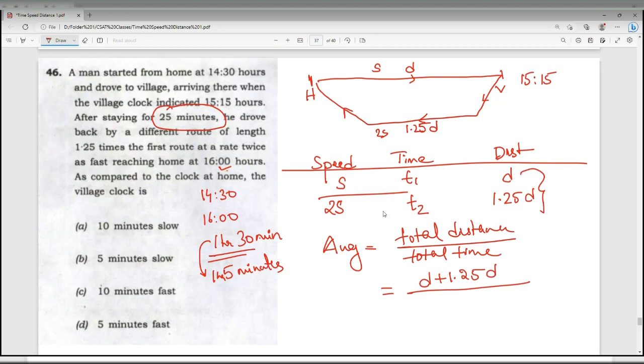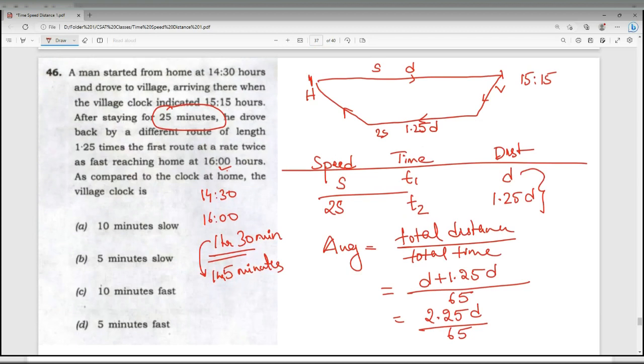But here, 1 hour and 5 minutes is 65 minutes. And the average that he has traveled is 2.25D divided by 65. I hope it is clear till now. If you have any doubt, please ask.